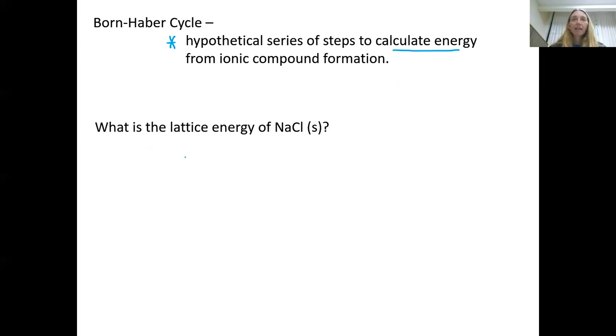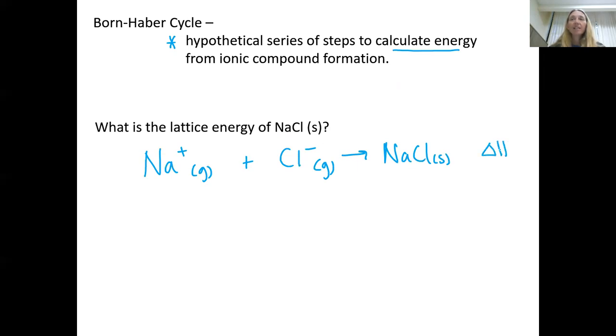Now, remember with lattice energy, there's a very specific definition where we have Na+ gas plus Cl- gas goes to sodium chloride solid. And the energy that it takes is this delta H lattice energy. Now, we have to use hypothetical steps to do this because I can't take sodium and chloride in the gaseous form.